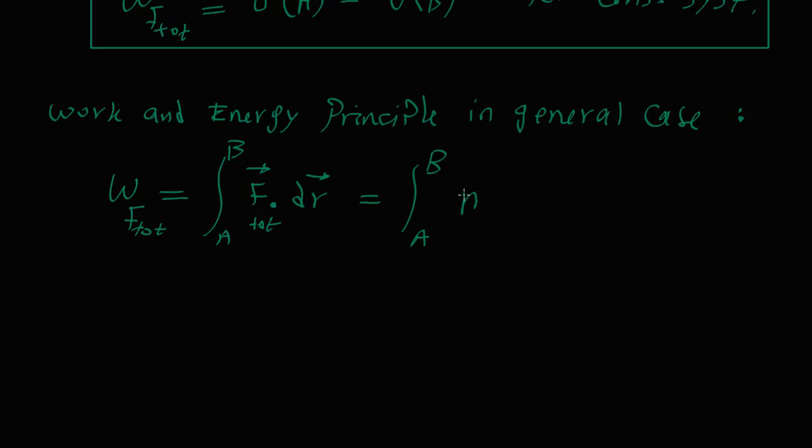So I can write ma dot dr, and for acceleration, I know it's just the time derivative of velocity. So I can again rewrite this as the integral from A to B of m dv/dt times dr.